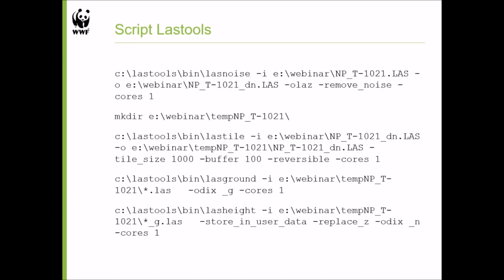the command lasground, the command that classifies the soil points, is not able to process huge clouds. It's a very complicated algorithm, and so we have to divide the cloud in tiles. Okay, classify the ground points and normalize the height, and then we join the cloud again after we end the process.